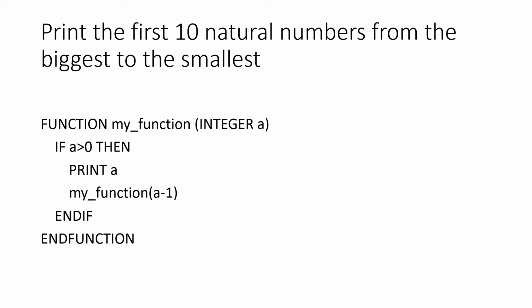If a is 0 or less, we just skip, and then the function will finish. So if a is bigger than 0, we keep calling the function over and over, and then we can just write this as the answer of our problem.